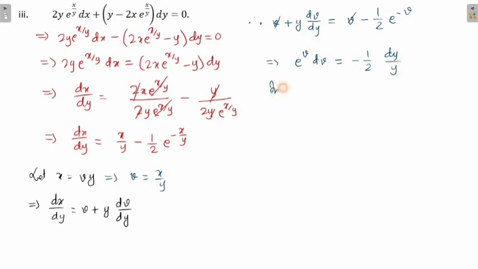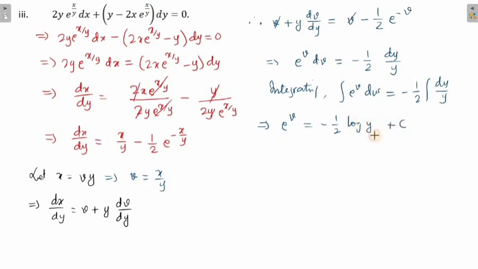Okay, so integrating, we get integral e to the power v dv is equal to minus half integral dy by y. Okay, now see here carefully. So integral e to the power v dv, how much is this? It's e to the power v, right, is equal to minus half, this is log y.